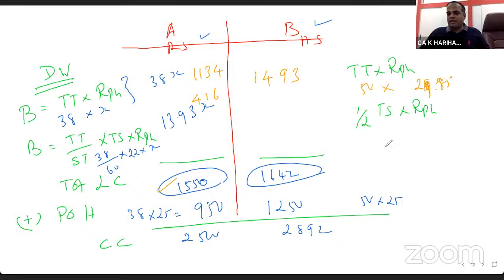Out of 60, 50 hours they worked, therefore 10 hours is the saving. 1/2 into 10 into 29.85 comes to 149. So 149 plus 1493 is equal to 1642. That has to tally. If it tallies, our answer is correct.